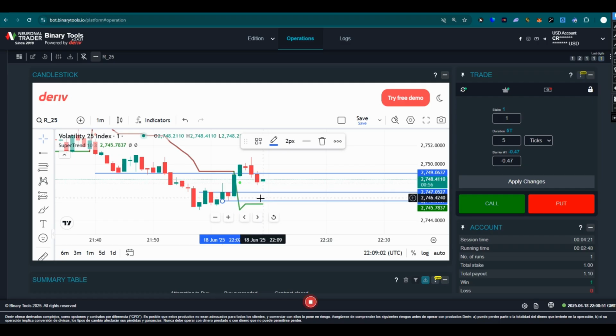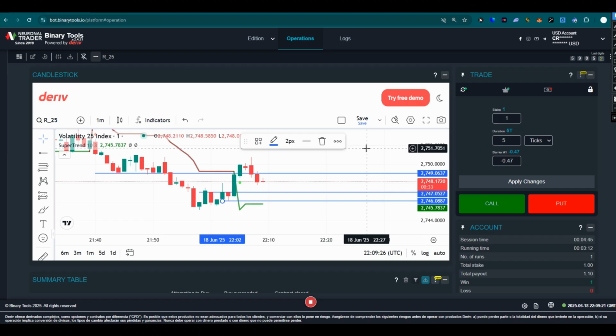So if this candle comes down to this area, I will check the condition, then I will press a call option. This is totally manual trading. You need to know how to trade using these candlesticks, and I will try my best to explain to you the way you can analyze this using these candlesticks.